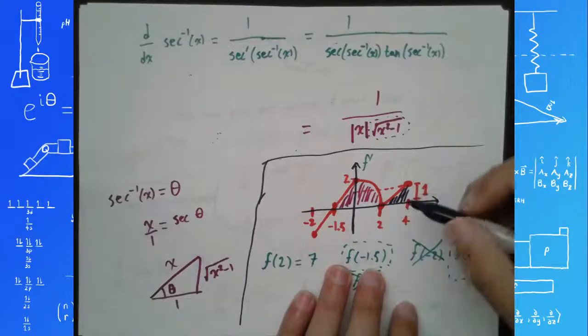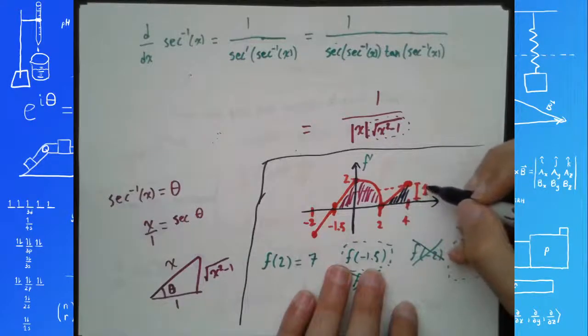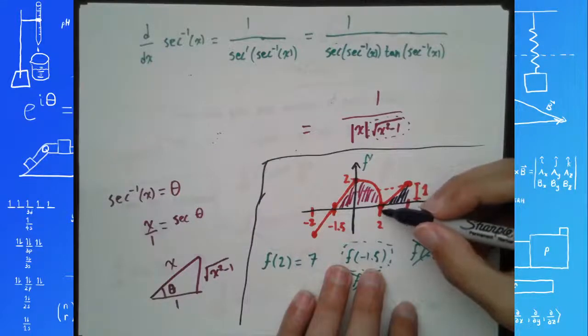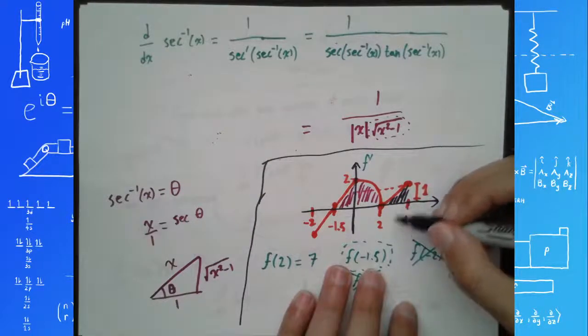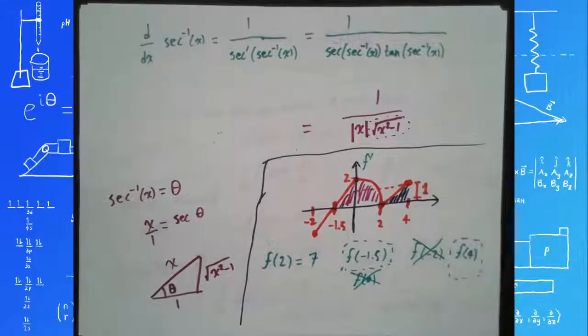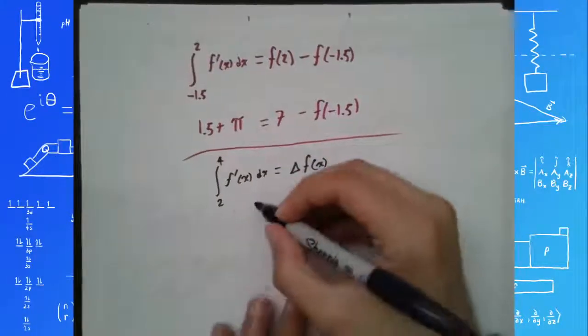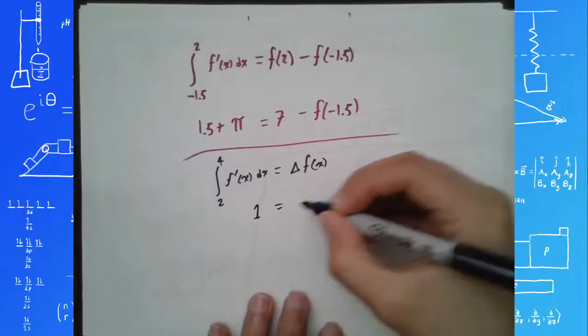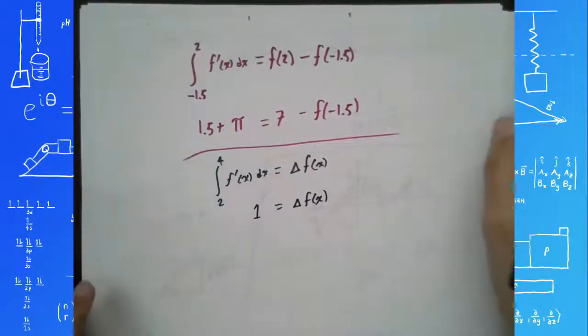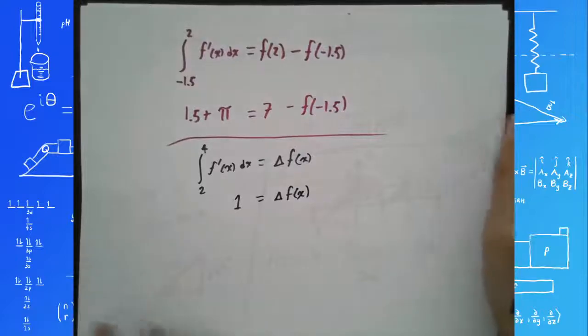So from 2 to 4, let's see, and it's got a height of 1, so 1/2 base times height. 1/2 of the distance from 2 to 4 is half of 2, which is 1, times height is 1. 1 times 1 is 1, so the area is 1. So we've got 1 equals the change in f of x, and that's from 2 to 4.